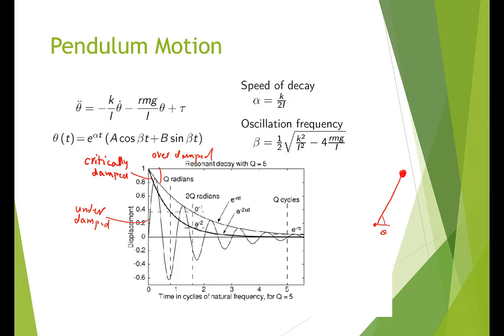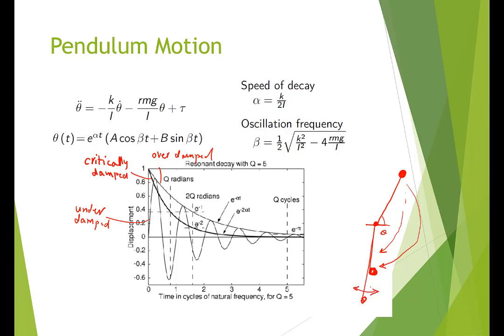Critically damped means it just goes and falls into the equilibrium, the equilibrium being down here. Overdamped means it goes there but slower. Underdamped means it doesn't really get there. It gets there but oscillates a bit back and forth before becoming stable.